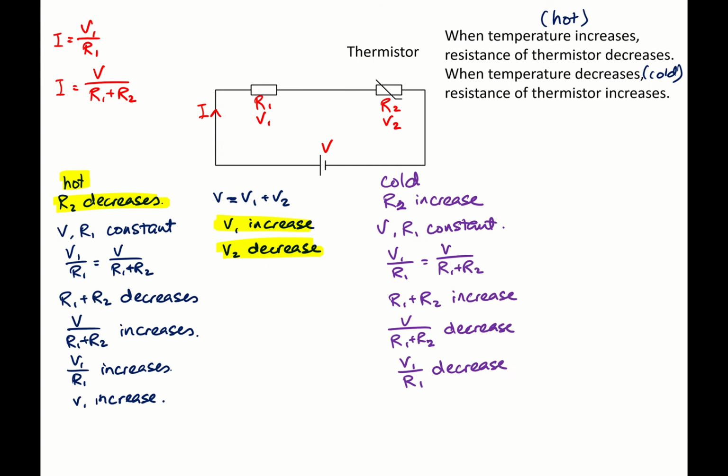And since R1 is constant, that means V1 decreases. And we know that V equals V1 plus V2. And since V is a constant, when V1 decreases, your V2 must increase.